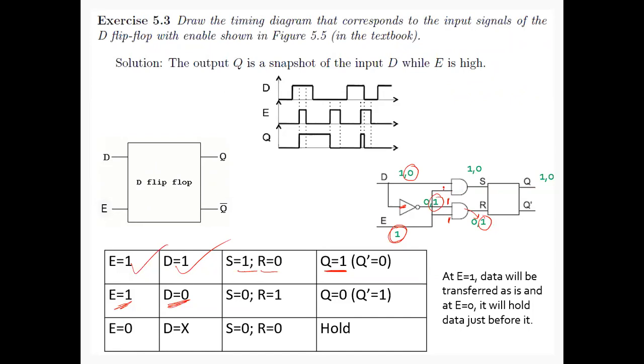This is 1. This is 0. This gives you 0. So S equals 0, R equals 1. R equals 1 means you are resetting. R equals 1 means reset is on. So when reset is on, you get 0 here. So sometimes we are getting 0 here, sometimes we are getting 1. But the thing is, can we latch them? That's the thing. Let's see. Can we latch?